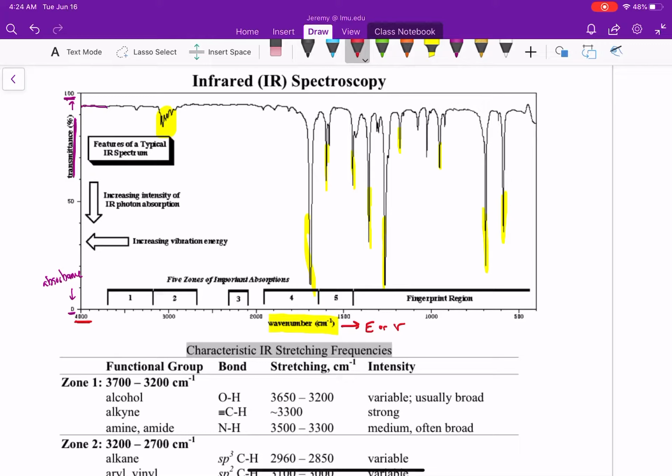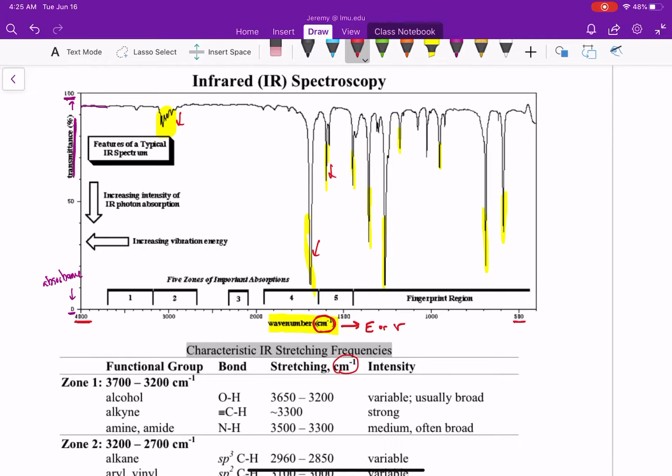Our general scale is from 4,000 wave numbers to about 500 wave numbers. The official unit of a wave number is 1 over centimeters, and you can see that unit here. These are just values that help us to identify where these peaks are.